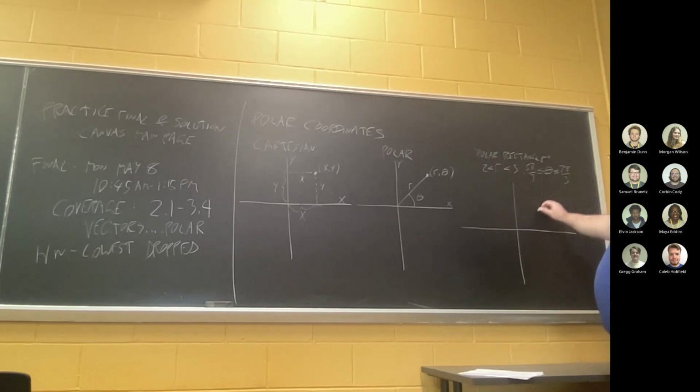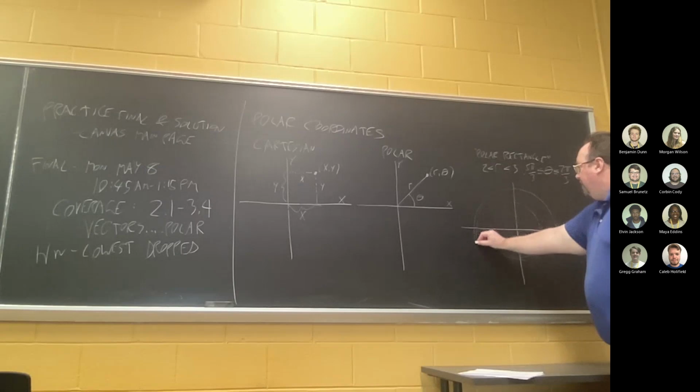So that would consist of all points that have a distance from the origin between 2 and 3.